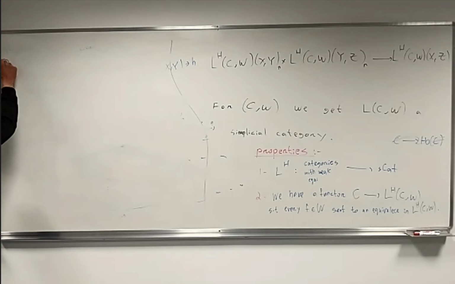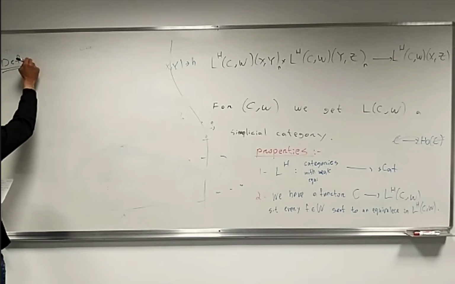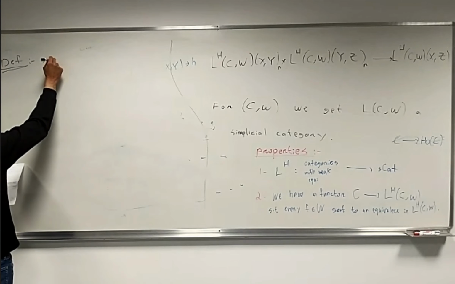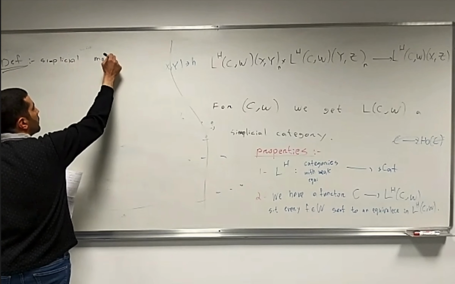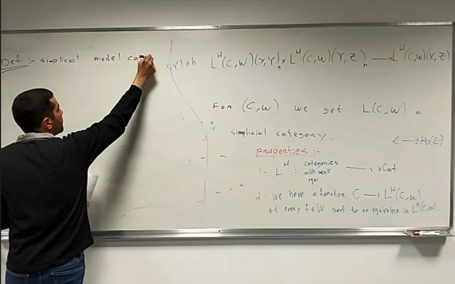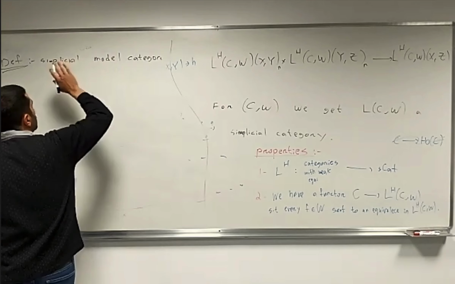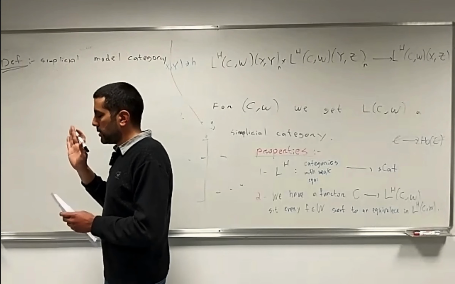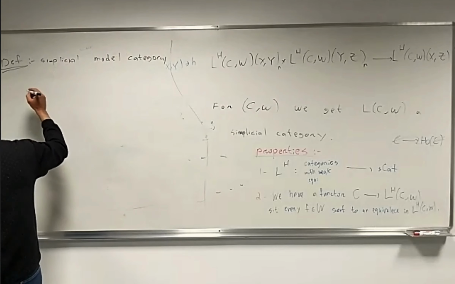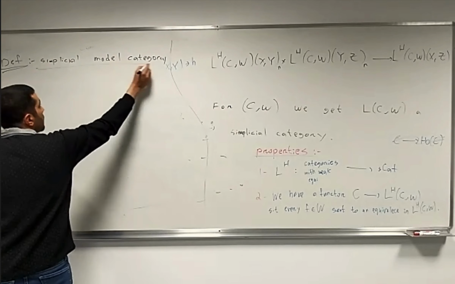So, definition: simplicial model category. It's again a model category and a simplicial category at the same time.